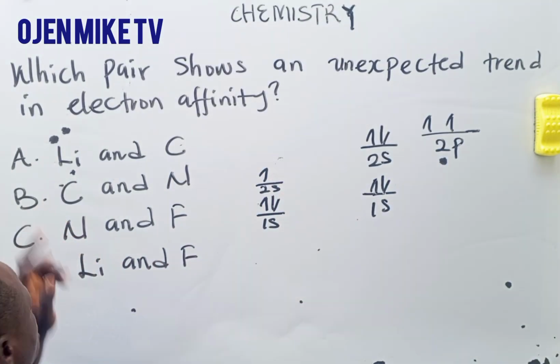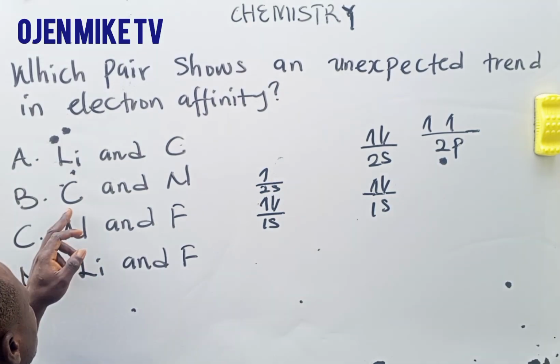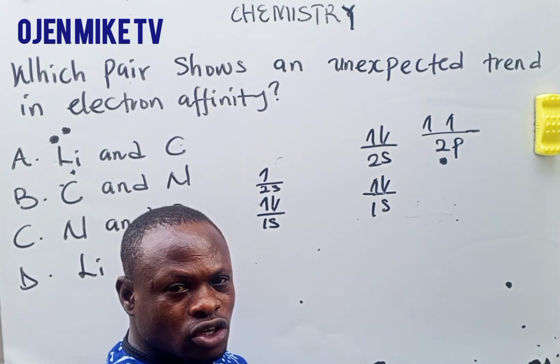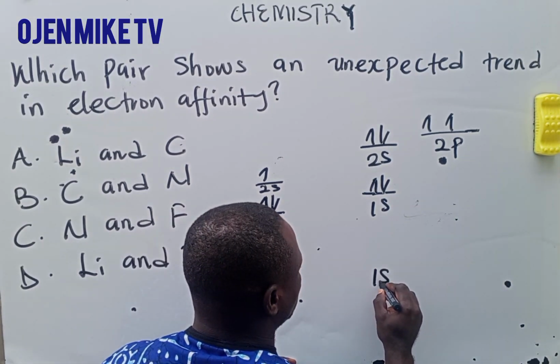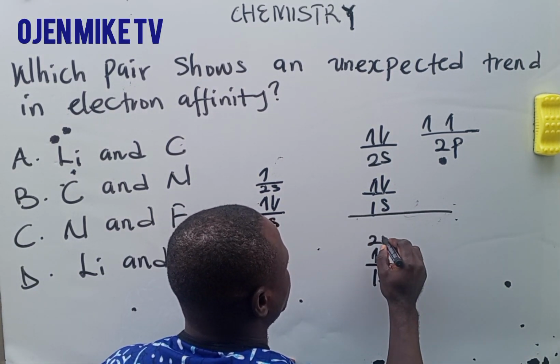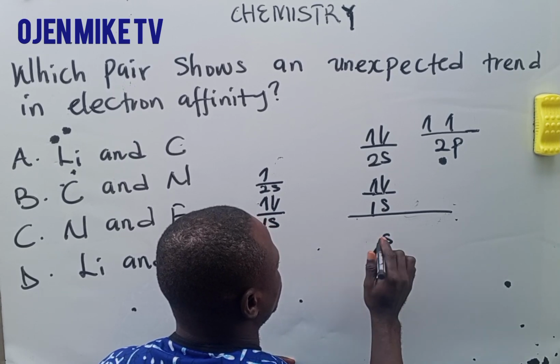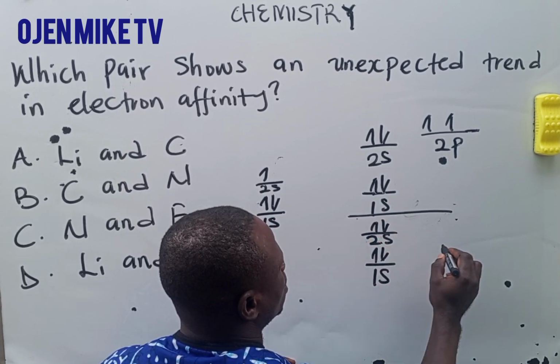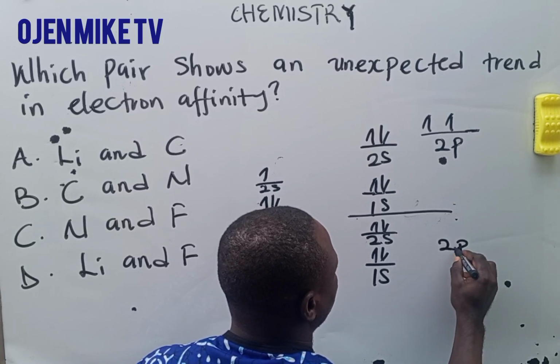Let's go to the second option. Carbon and nitrogen. Let us know the electronic configuration of nitrogen. Nitrogen is 1s, 2s, and we have 2p.